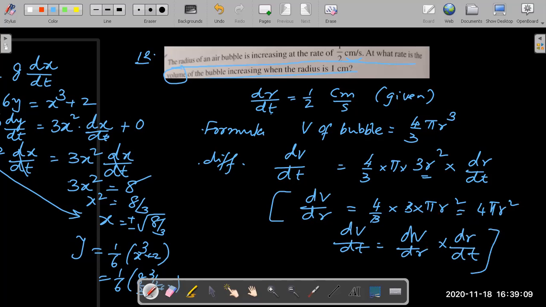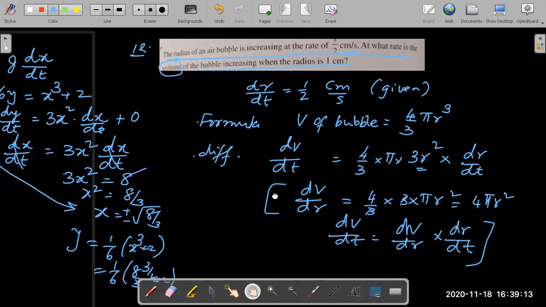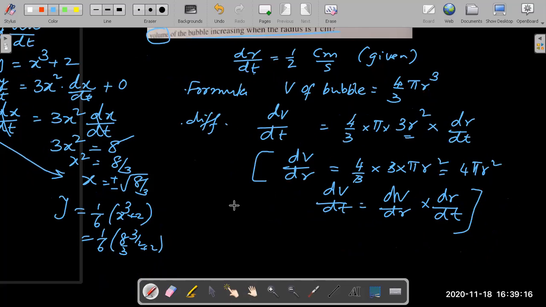We can do it straight away this way, or in the step way also. So dv by dt equals 4 by 3, the 3 gets cancelled. That means 4 pi r square into dr by dt, which is half centimeter per second.